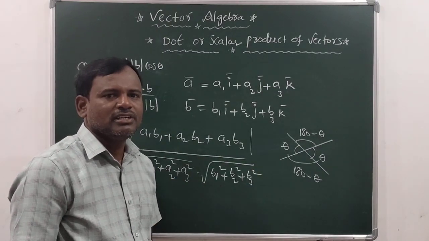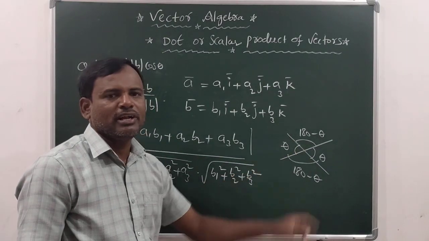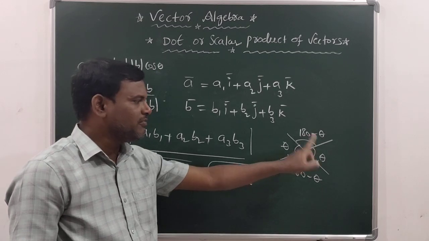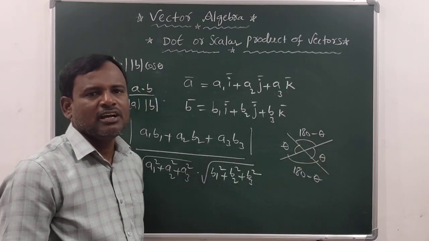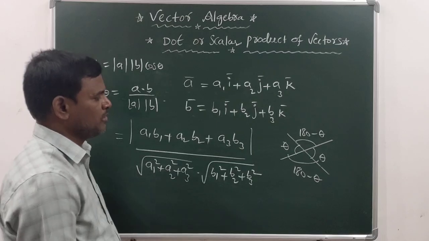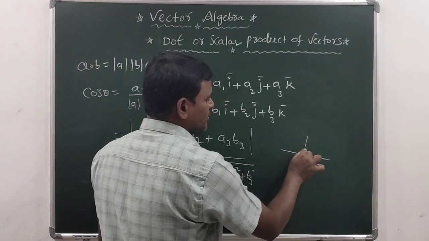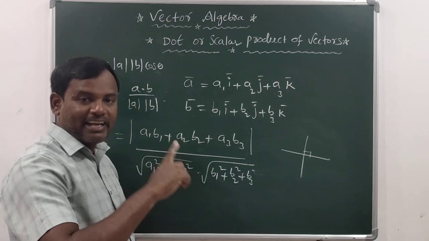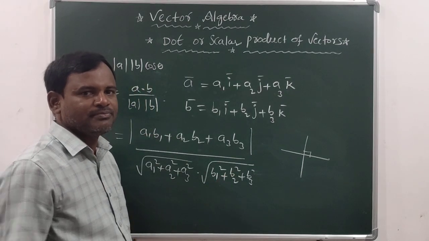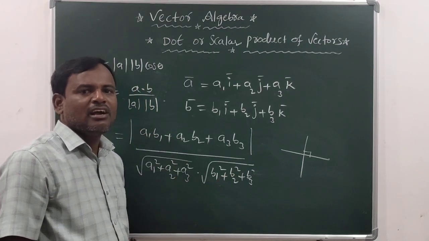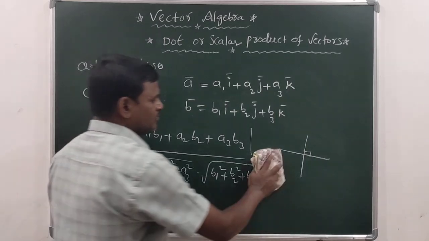Okay, students? See, whenever the two lines intersect like this, if one is acute, then the other one is obtuse angle, unless they intersect at 90 degrees to each other. Vector is also a directed line segment. You know that, which we have discussed in the addition of vectors.